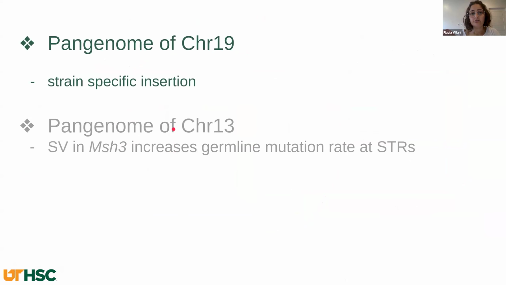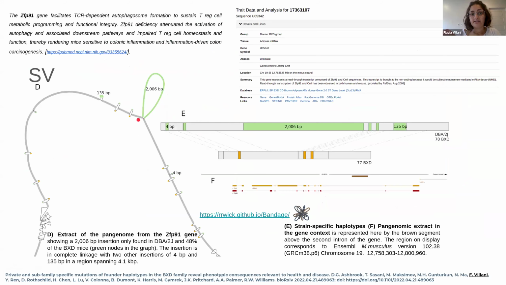And I built the pangenome for these two chromosomes. For chromosome 19, I discovered this structural variation that is a really big structural variation. And this is strain specific. It means that it's present only in the father of this family and in 48% of the other BXD mice.